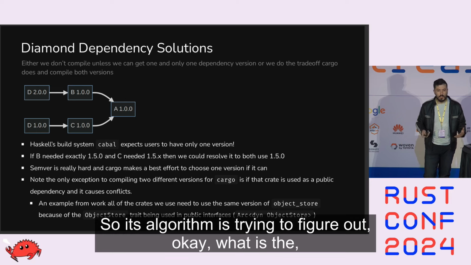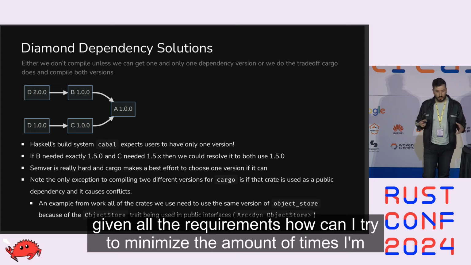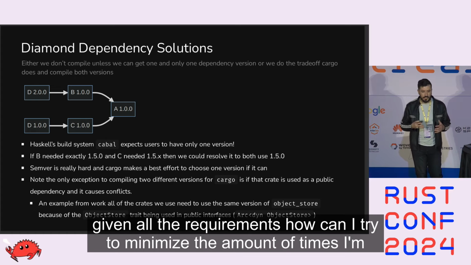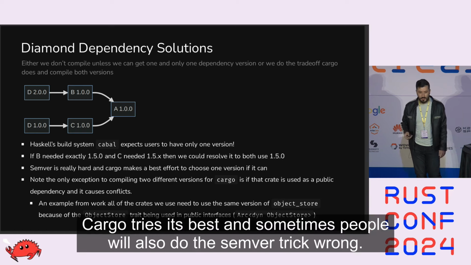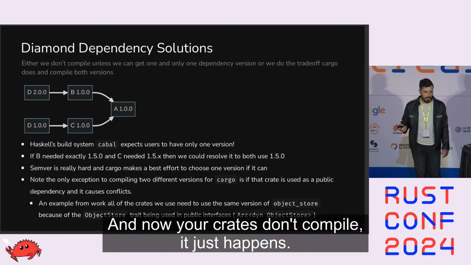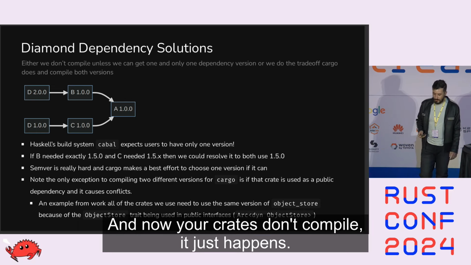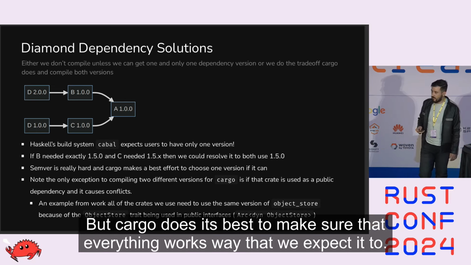So its algorithm is trying to figure out, OK, given all the requirements, how can I minimize the number of times I'm compiling two versions of the same package? But semver is hard. Cargo tries its best, and sometimes people will also do the semver trick wrong, and now your crates don't compile. It just happens. But Cargo does its best to make sure that everything works the way that we expect it to.